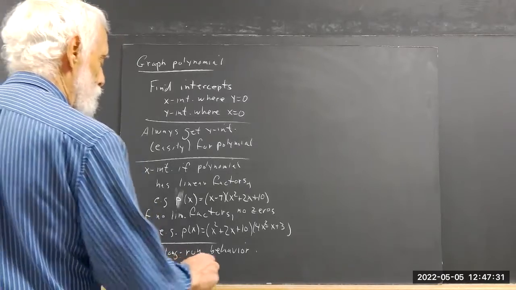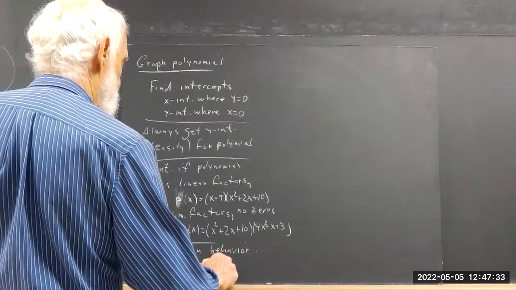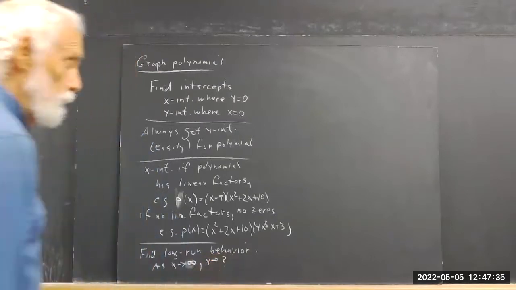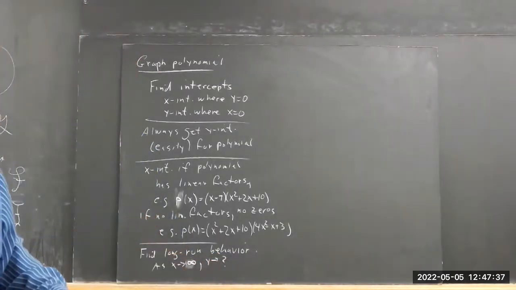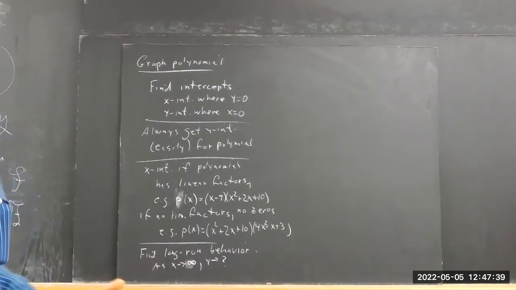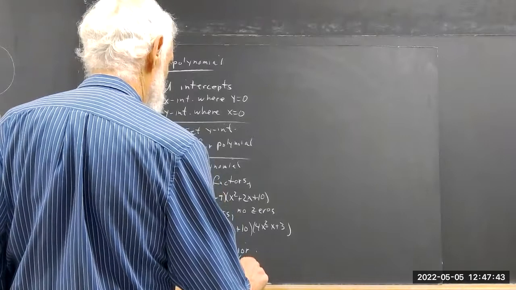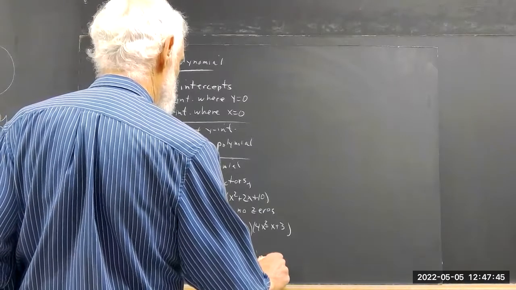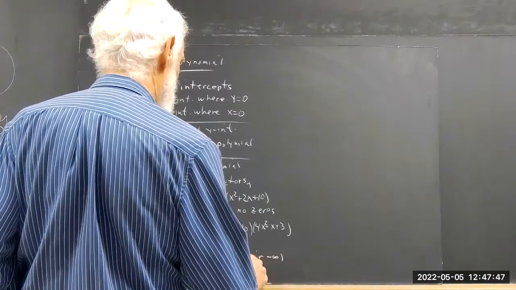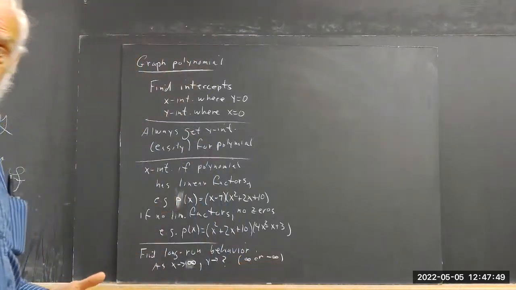Okay, as x goes to infinity, y goes to what? It's either going to be infinity or negative infinity, okay? And it's easy to do that.